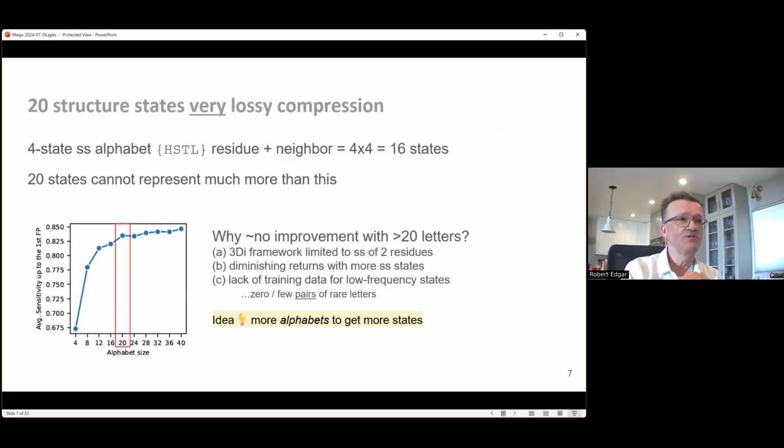The Foldseek paper recognizes this issue, and they looked at the dependency of sensitivity on alphabet size, and they pretty much reached a point of diminishing returns at 20 letters, which is convenient because there's already a lot of 20-letter code out there.